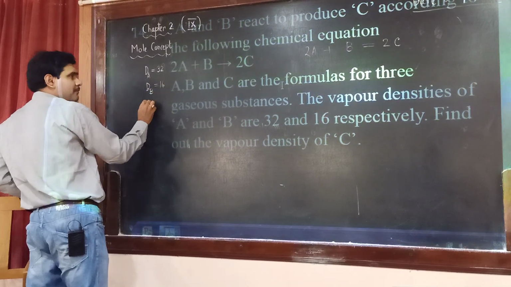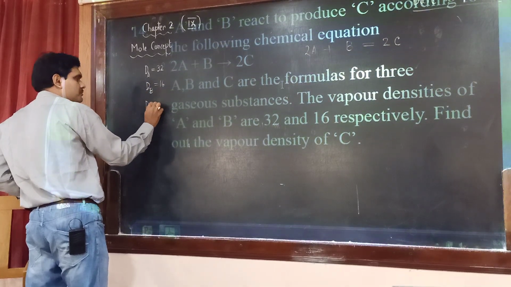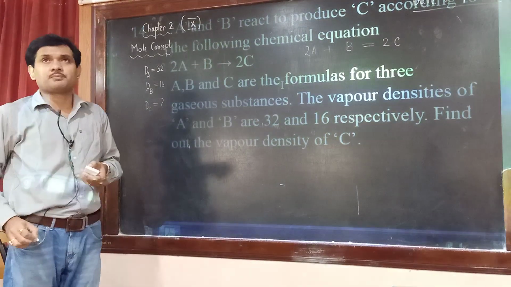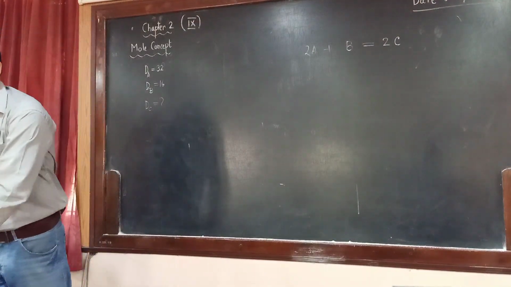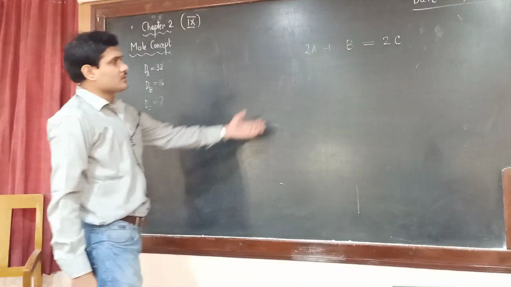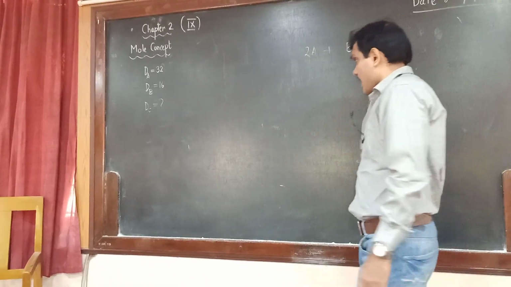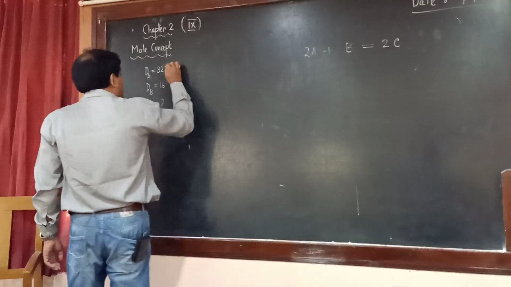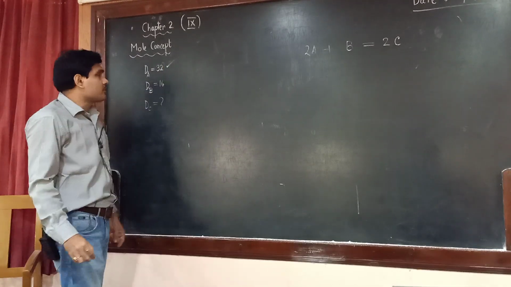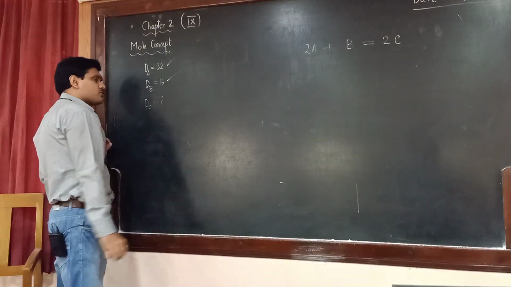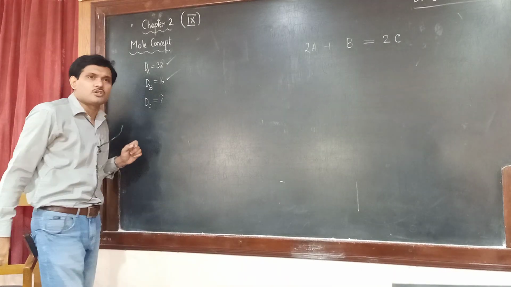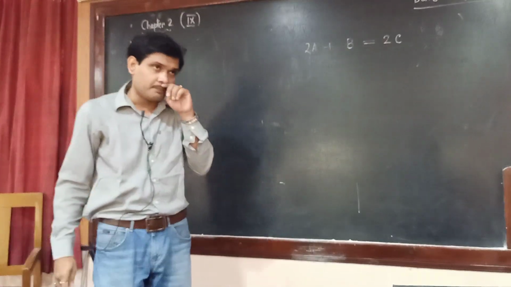And I have to find out the vapor density of C. This is the question in simple form. A reaction is given, 2A plus B is equal to 2C, vapor density of A is 32, vapor density of B is 16, and I have to find out the vapor density of C. This is the problem.